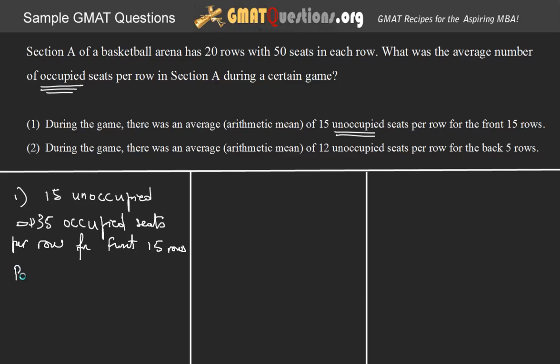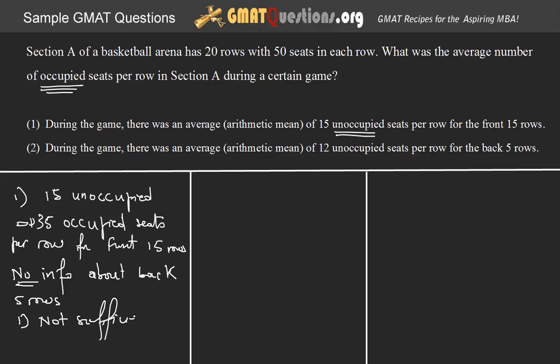So I would say no information about the back 5 rows. And because of that, number one is not sufficient. Okay, we don't have to waste time on this. That is pretty clear, I think.